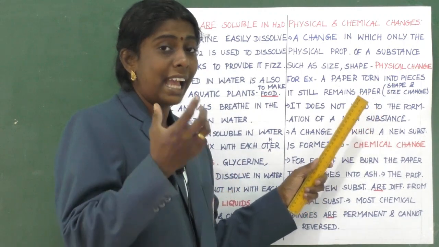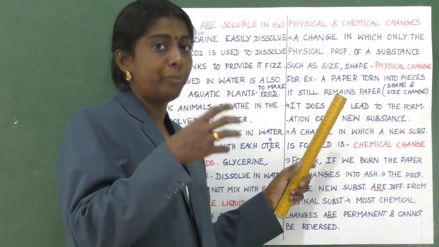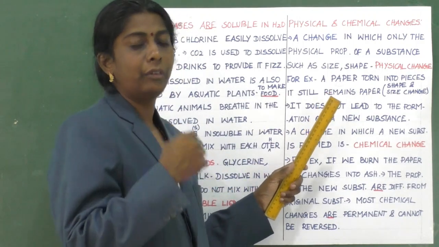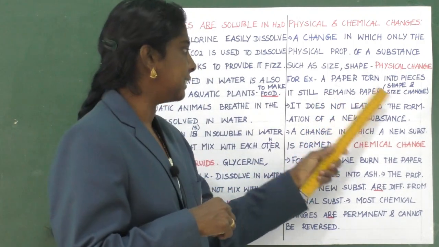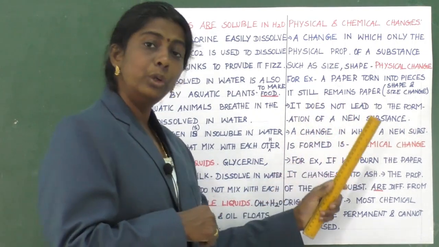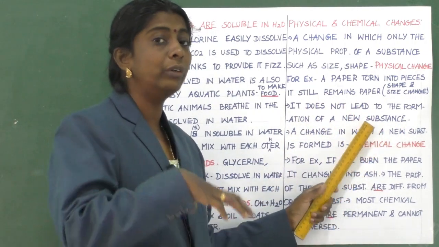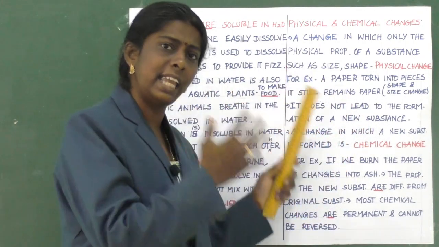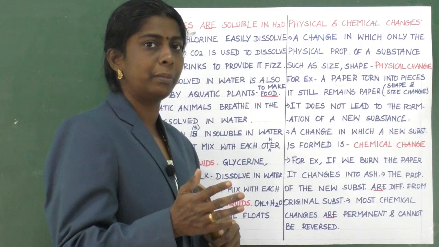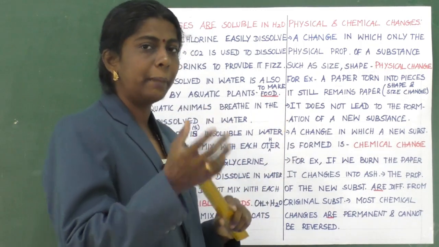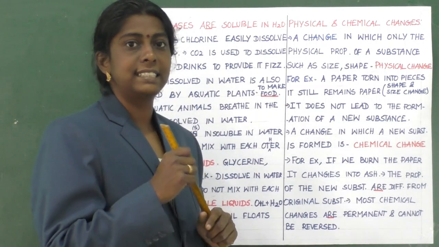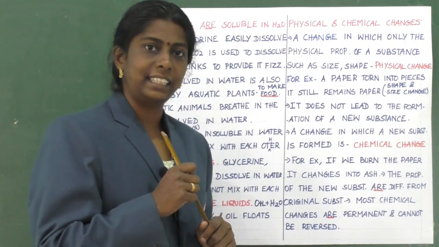It has the same property of paper, but the size of the paper might get reduced. It does not lead to the formation of a new substance. It's not turning into a new substance. It is the same paper. The size alone or the shape alone gets changed. So, this sort of change is termed a physical change.